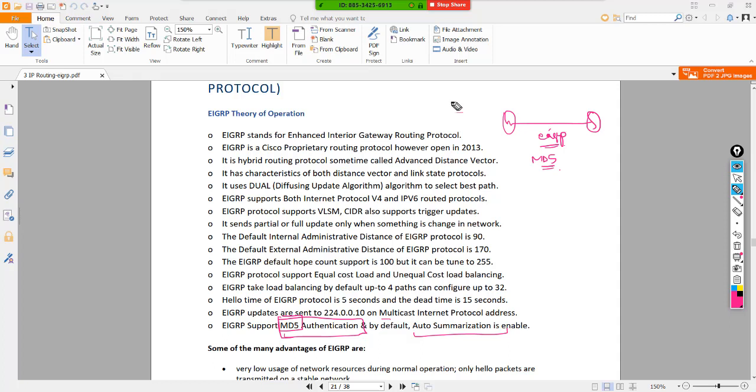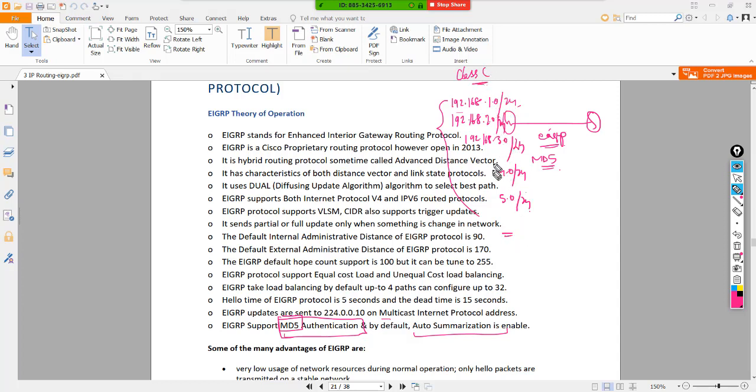So what is auto summarization? Let's say I have 192.168.1.0/24, 192.168.2.0/24, 192.168.3.0/24, 4.0/24, 5.0/24. Now there are a couple of networks which are part of class C, on /24.